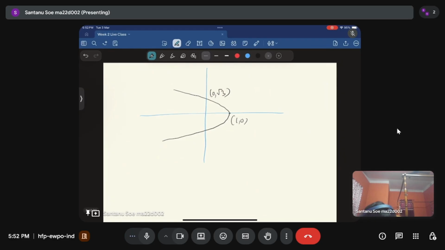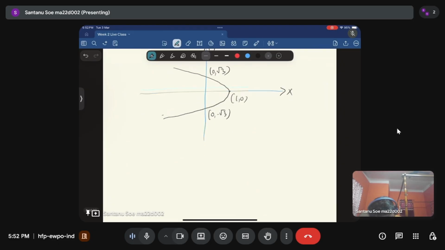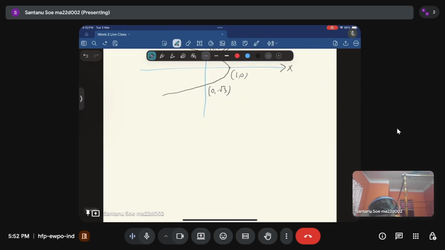Okay, so now we can draw the whole region R as follows.